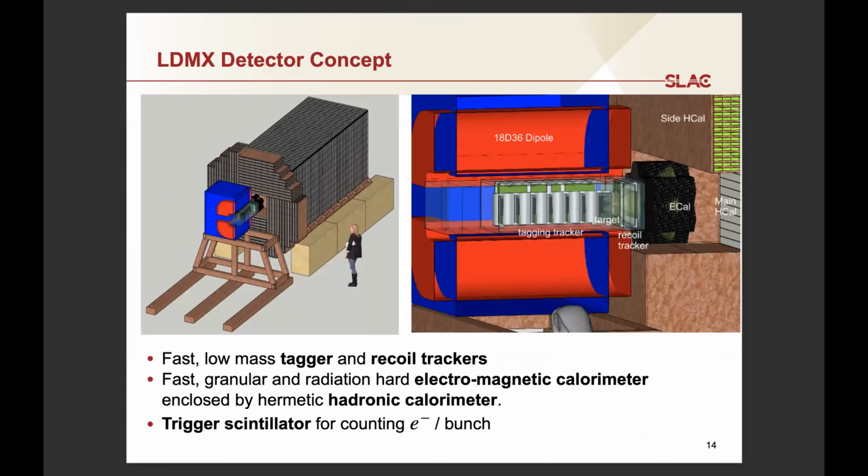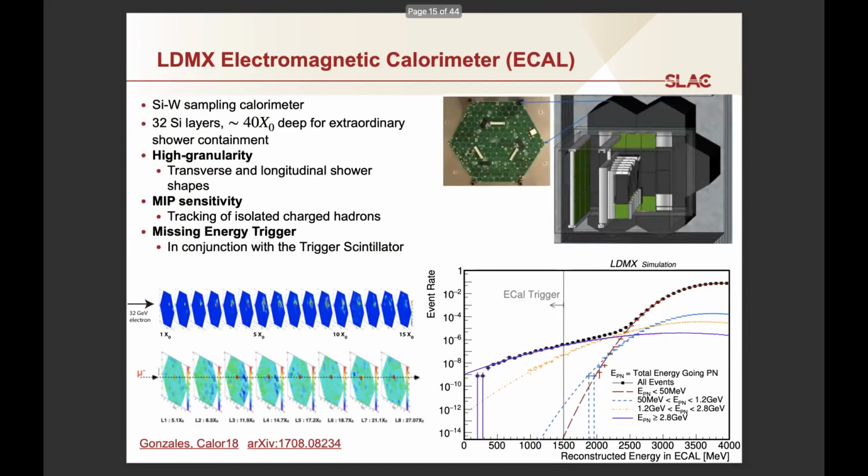So the LDMX detector concept has, as I said, a tagger and a recoil tracker, and then at the end it has electromagnetic and hadronic calorimeters for detection. The electromagnetic calorimeter is basically a silicon-tungsten sampling calorimeter with 32 silicon layers.